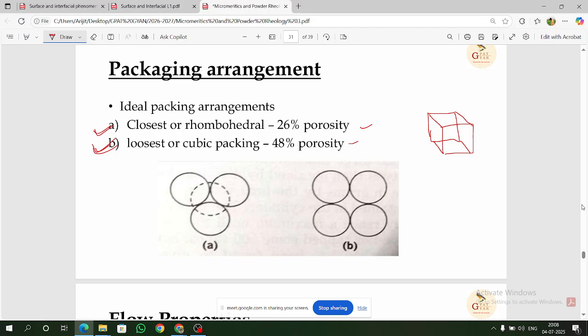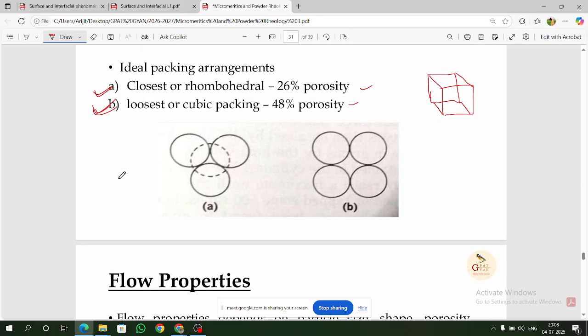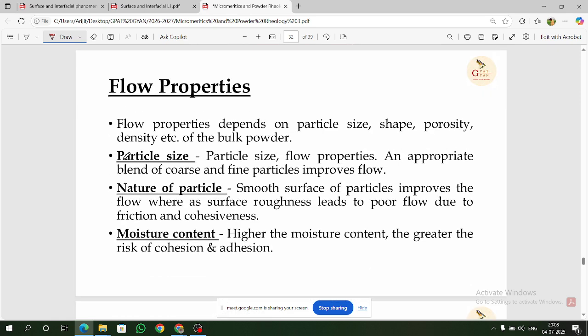You can consider different tablet punching phenomena like compaction and compression, where this kind of calculation comes in, and what the punching diameter should be. But for the competitive exam point of view, you don't need that much depth. Just remember cubic packing, the loosest packing, is 48 percent porosity, and rhombohedral 26. That is enough.